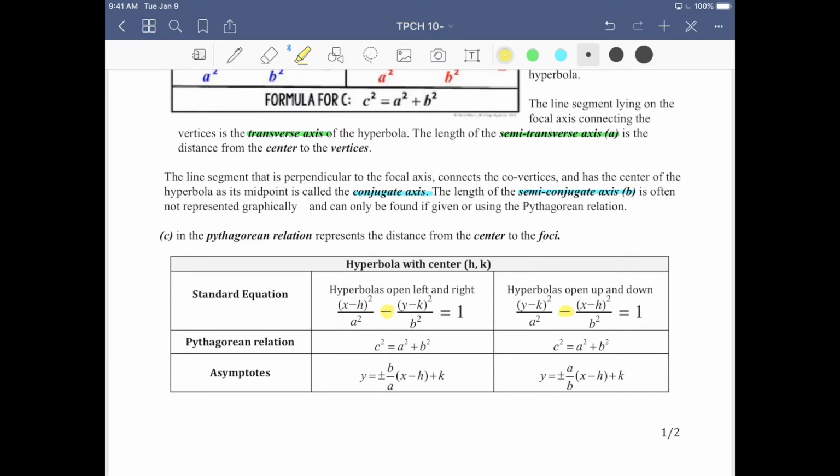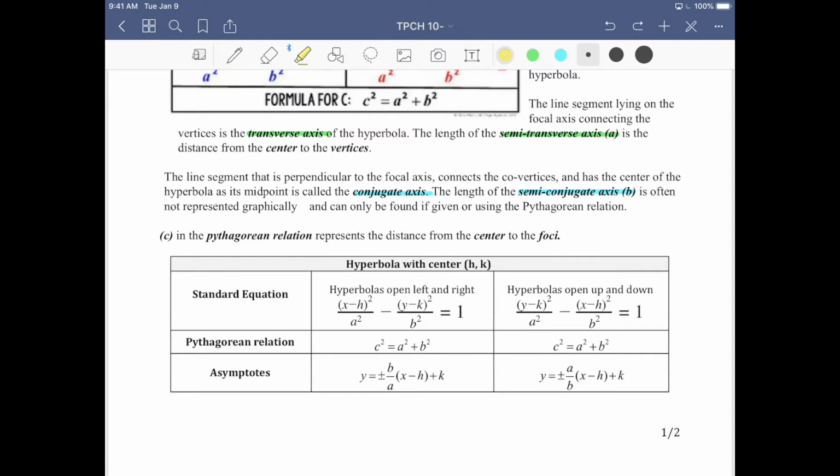So the order actually matters here. If our hyperbola faces left and right, then we write (x minus h) squared over a squared. If the hyperbola opens up or down, we write (y minus k) squared over a squared. I like to think of x as the left and right direction, and y as the up and down direction.